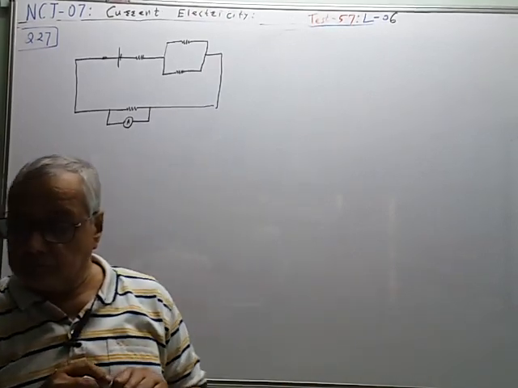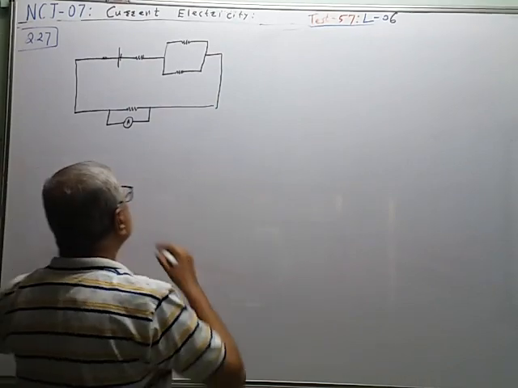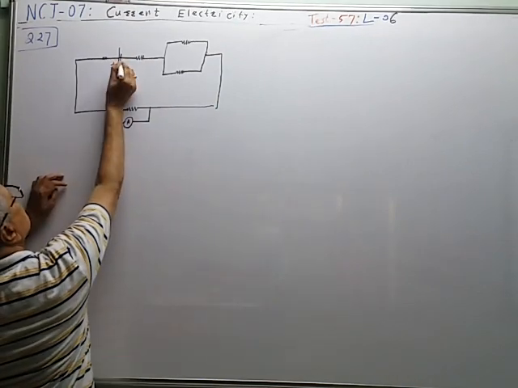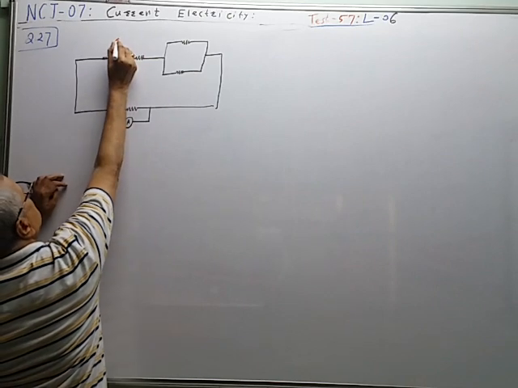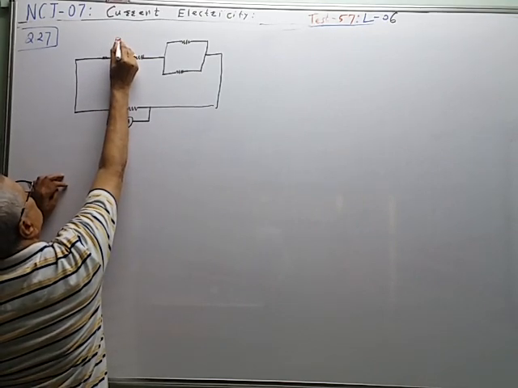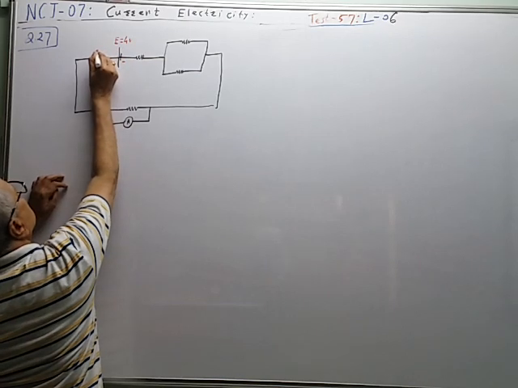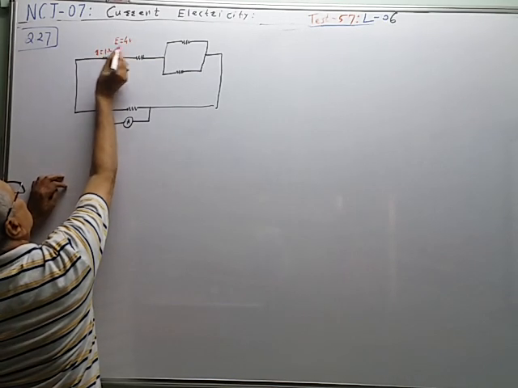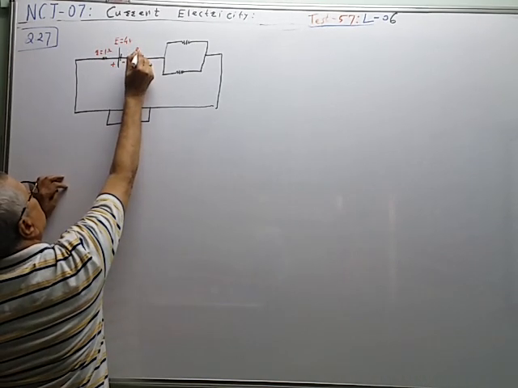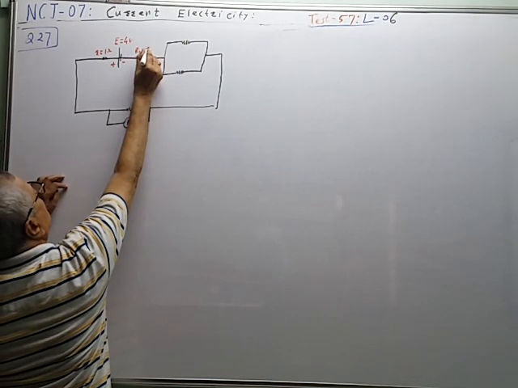So we will denote the resistances like this, plus minus. This is the EMF E equal to 4 volt. This is internal resistance r equal to 1 ohm. This R1 is equal to 2 ohm.